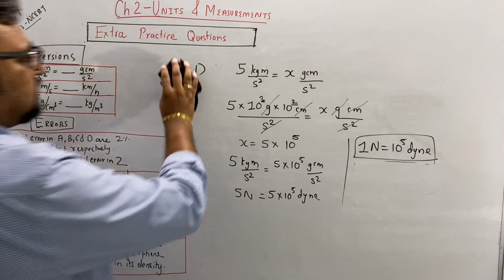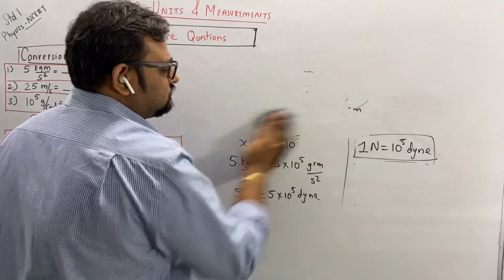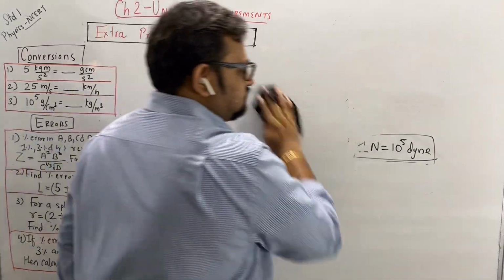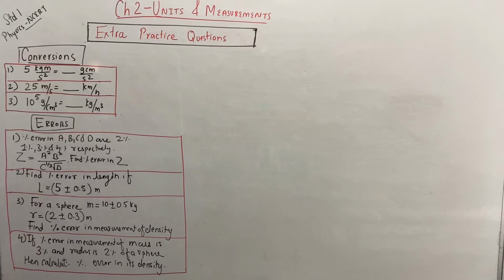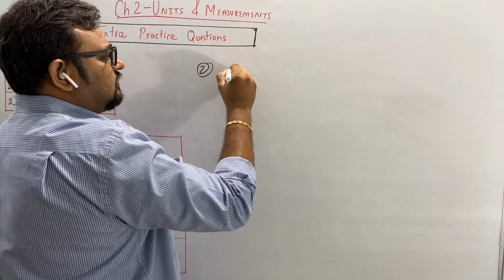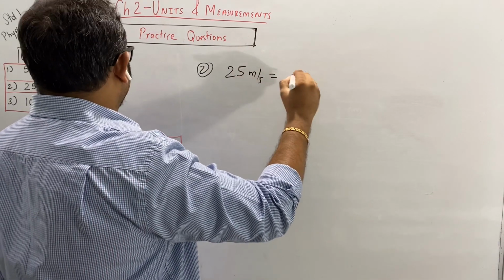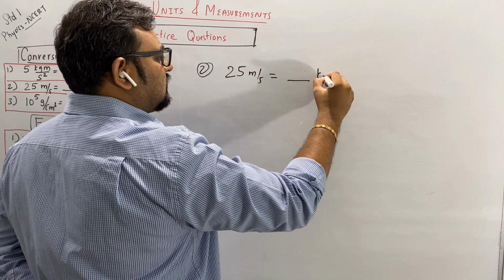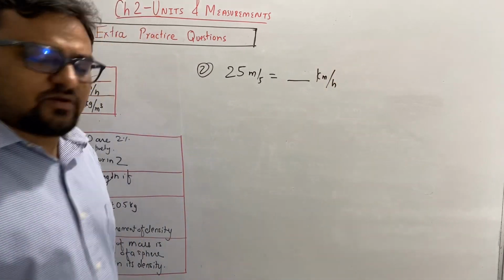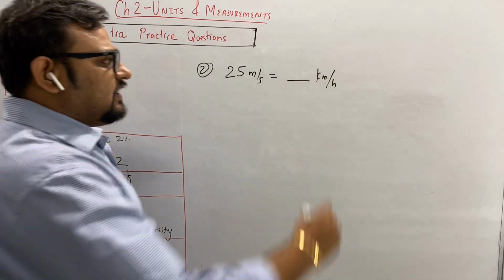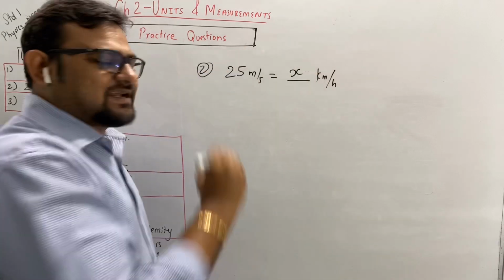Now, the second one: 25 meter per second equals dash kilometer per hour. Again, assume it as x.